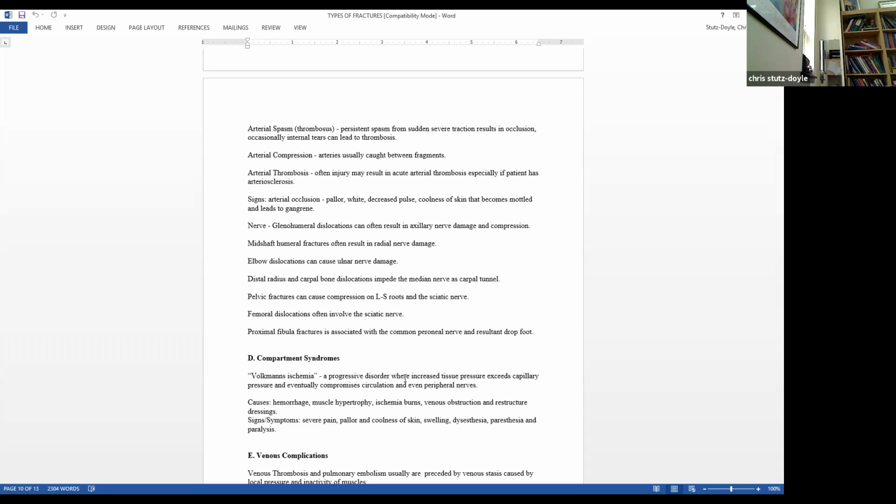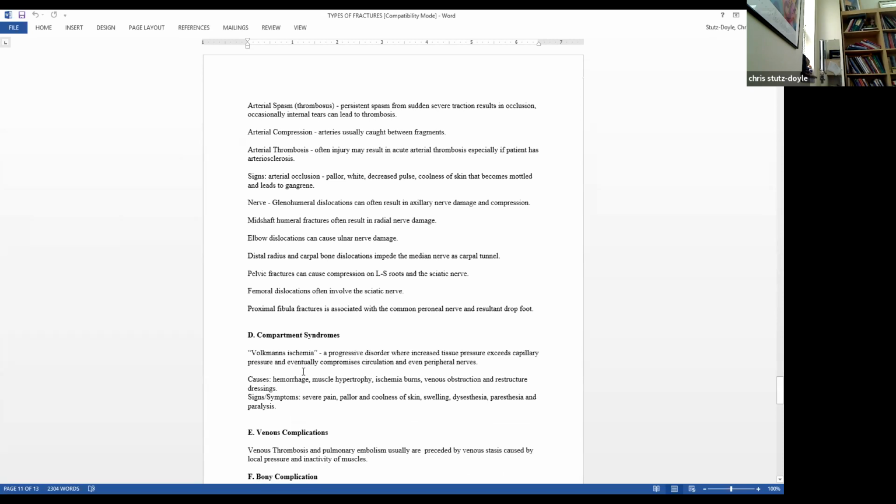Most often, due to a fracture, it'll cause bleeding in the muscle, and you'll have an increased pressure on the nerves. So: hemorrhage, muscle hypertrophy, ischemia, burns, venous obstruction, restrictive dressing. Signs and symptoms: the person will complain of severe pain, white, cool skin, edema, difficulty feeling, as well as paralysis.